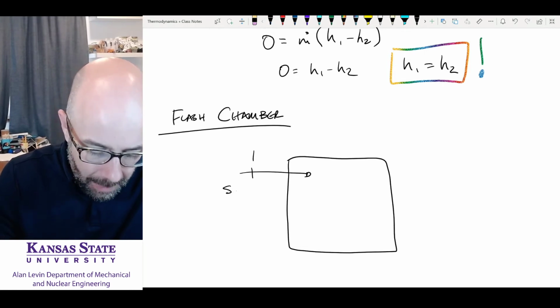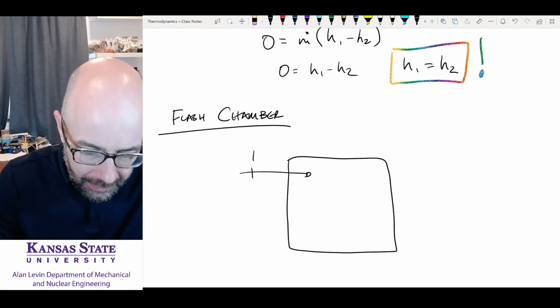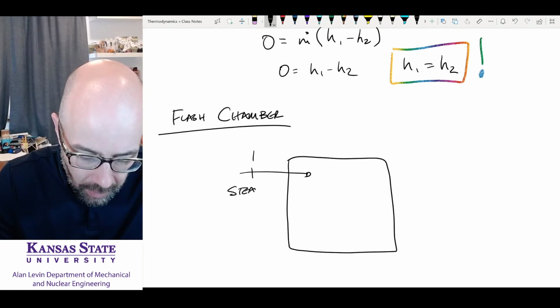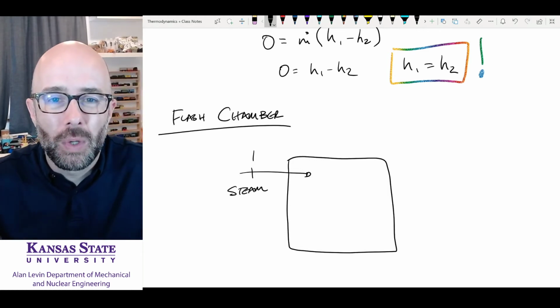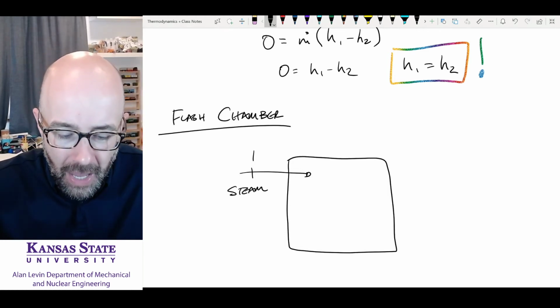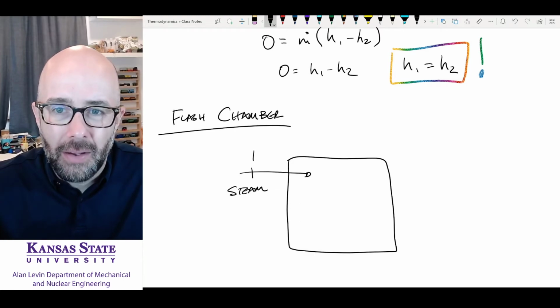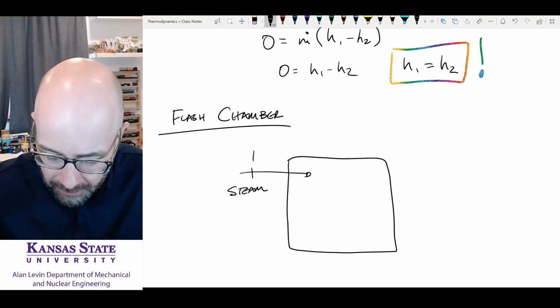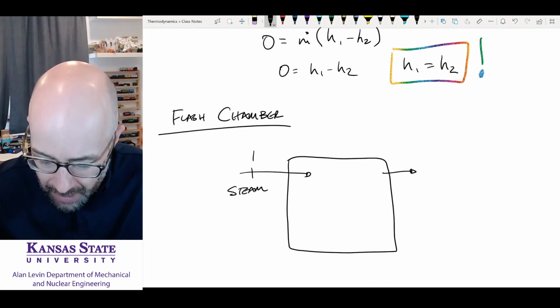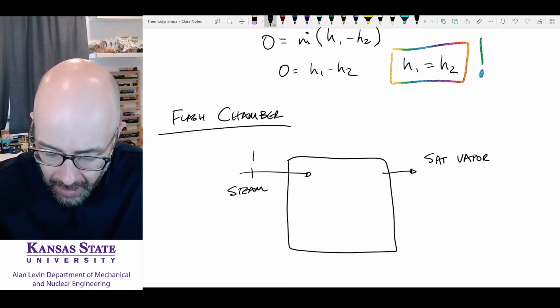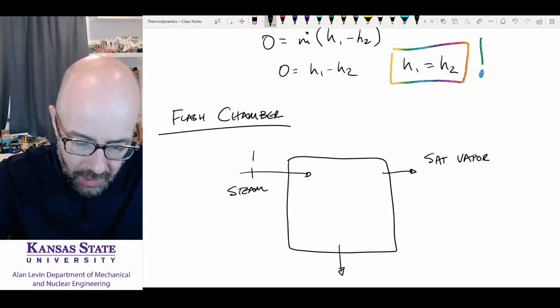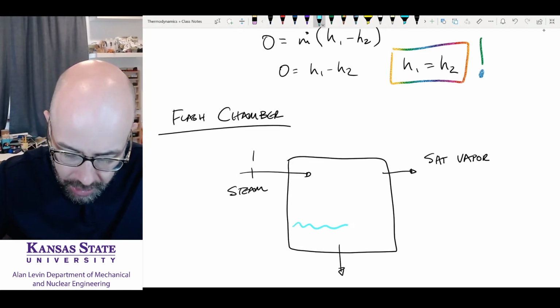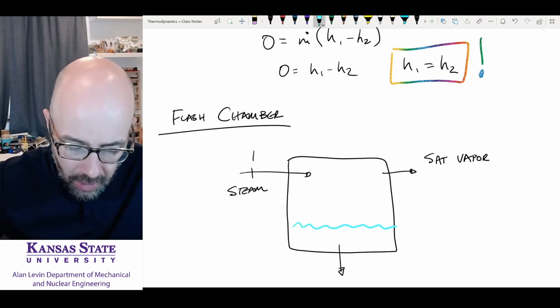I'll say it's going to be steam, or a high quality liquid vapor mixture. Okay, and what we're going to do inside of this flash chamber is reduce the pressure or something like that. Something's going to happen, and out this side we're going to have a saturated vapor. And coming out this side, we're going to have liquid water that's going to show up here, and we're going to have saturated liquid.